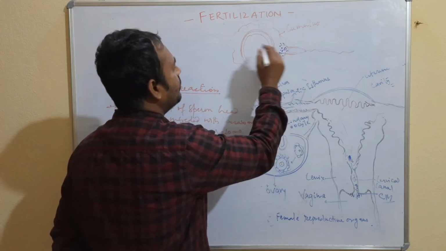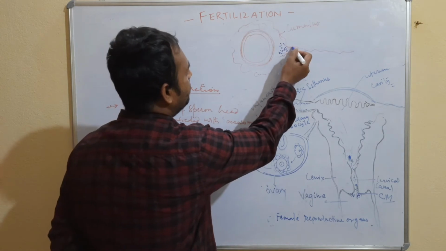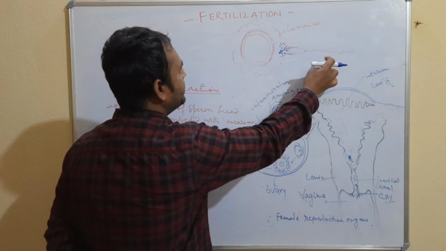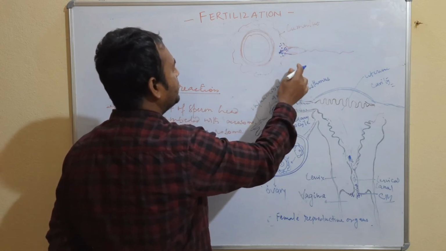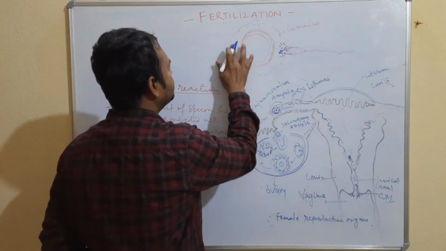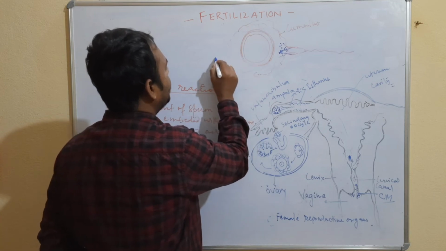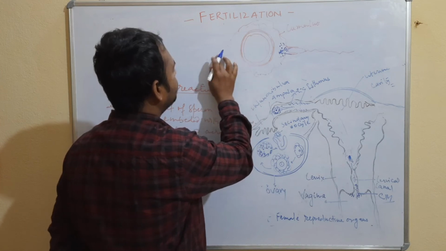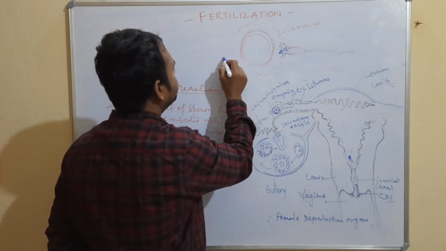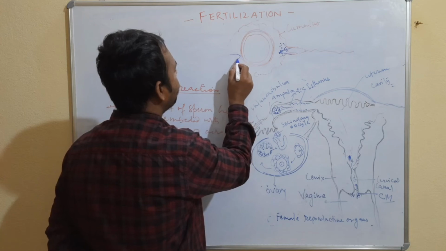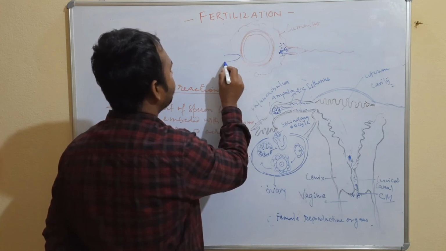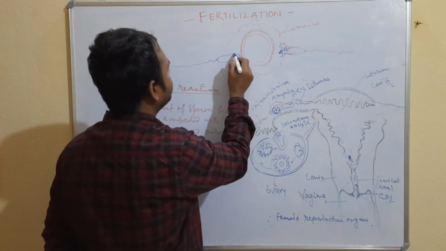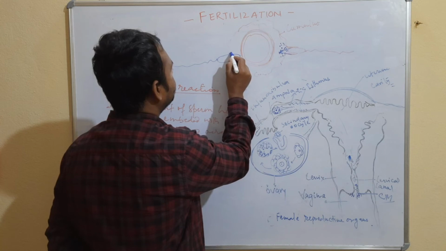After digesting, it penetrates the cumulus region and reaches another part of the ovum, and that is called the zona pellucida.